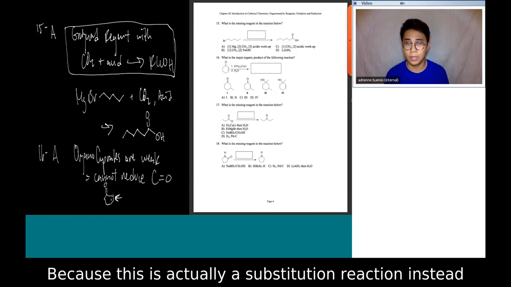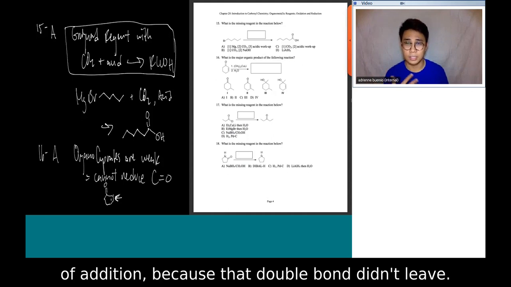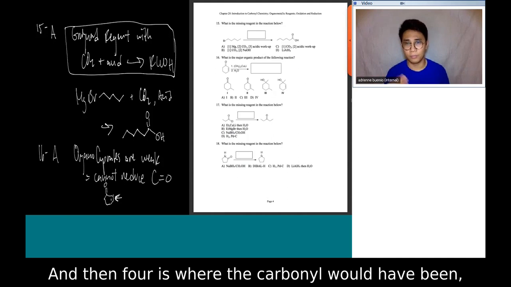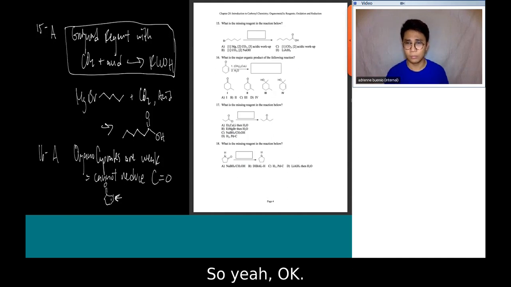Because even though it is a substitution reaction instead of addition, that double bond didn't leave. And then 4 is where the carbonyl would have been, right? So, yeah. Okay, so let's go to 17.